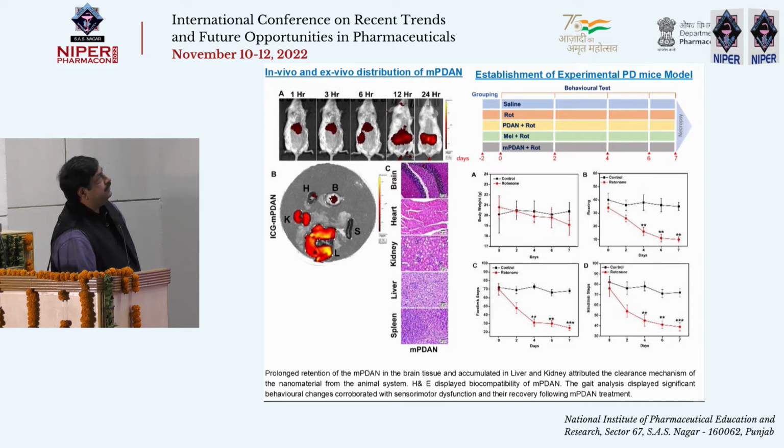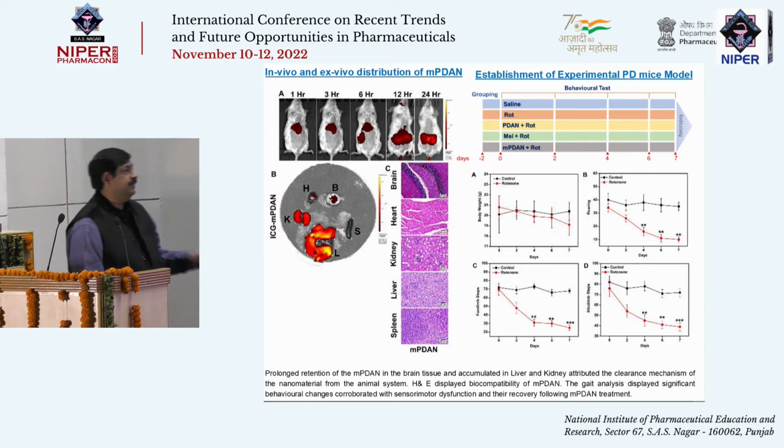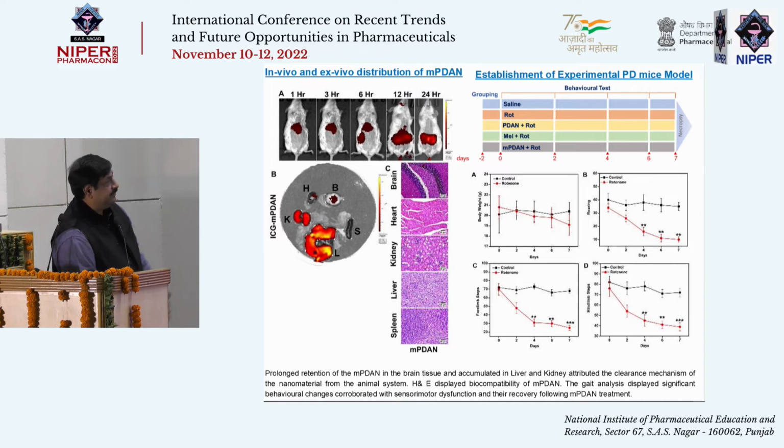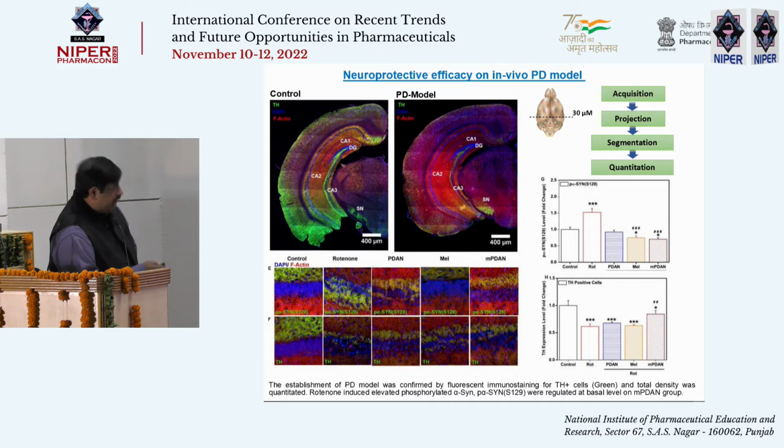Then we developed the rotenone-induced PD model, and in the gait analysis we could see the significant behavioral changes and sensorimotor dysfunction triggered by the rotenone are prevented by this nanotherapy. And this is the model after the establishment.